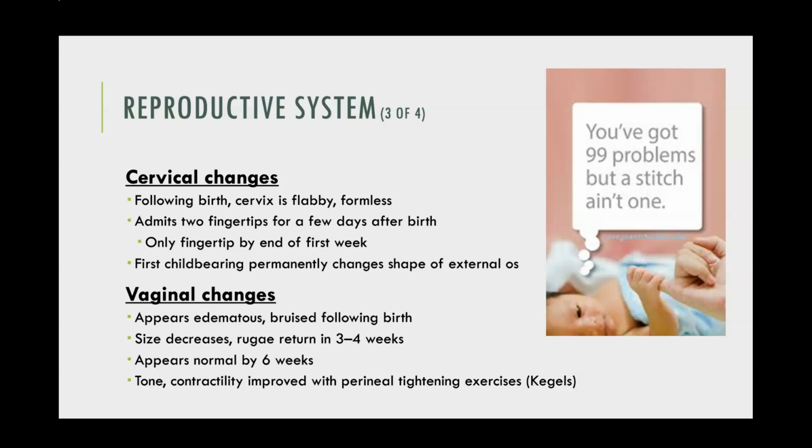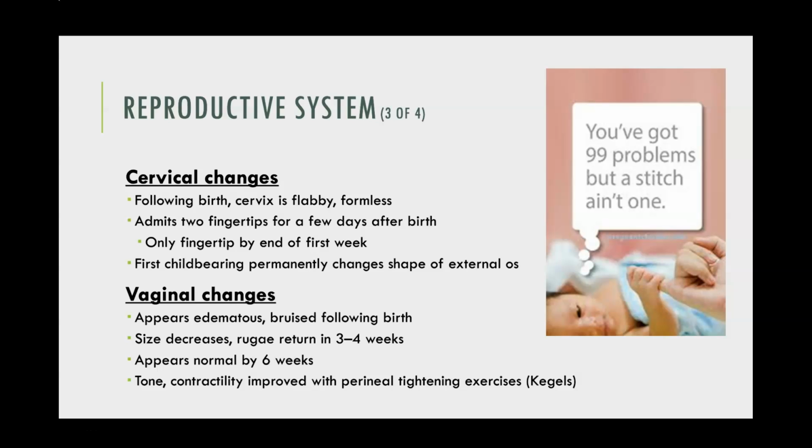But by the end of the first week, you should only be able to get 1 fingertip into the end of the cervix. And the process of childbearing, the process of labor and delivery, will permanently shape the external os of the cervix.